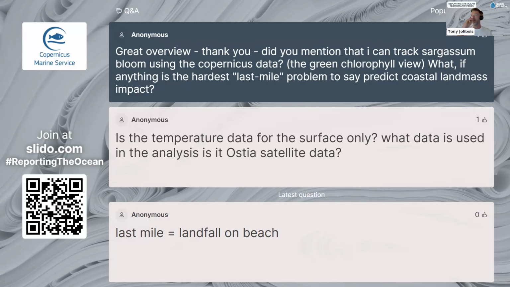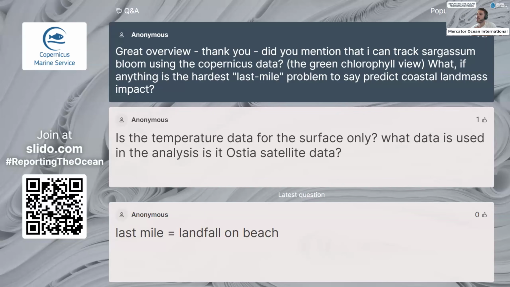Maybe it's interesting to use very high resolution and very regional products that are not in the Copernicus Marine catalog, but that can be accessed through other platforms, for example. This is quite interesting, to try to reach the coast.